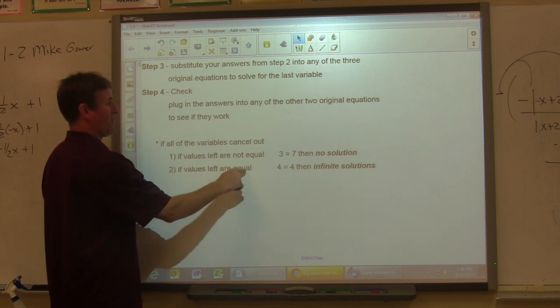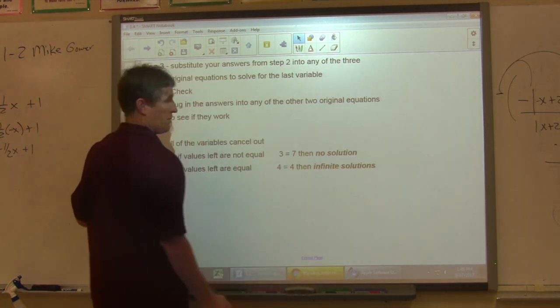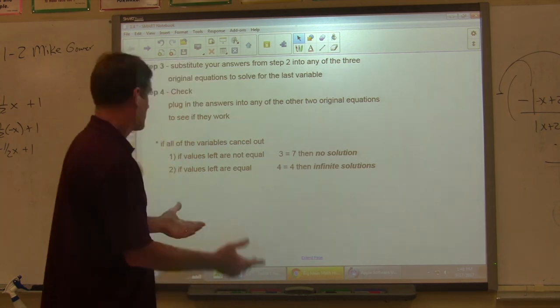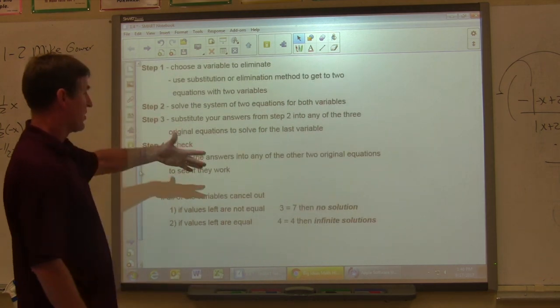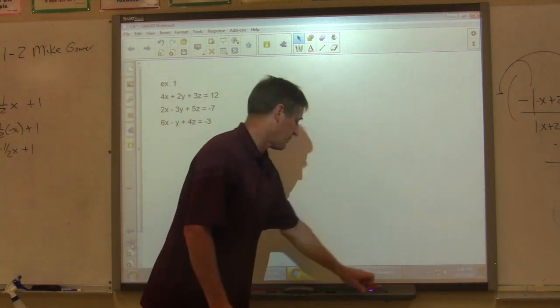If the values left are equal, like we get 4 equals 4, then there are infinite solutions, because that's where we have that single line where they all intersect, and so there's an infinite number of solutions that work. So these are the steps that you're going to go through, and now let's take a look at some examples.